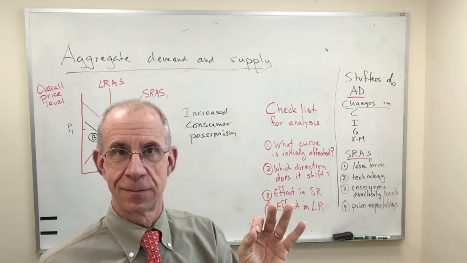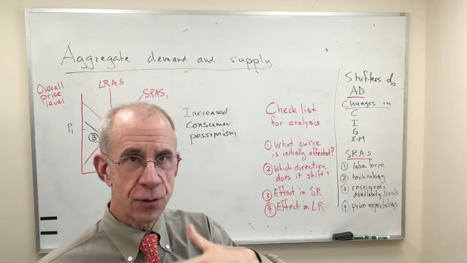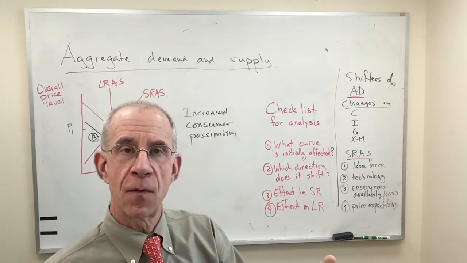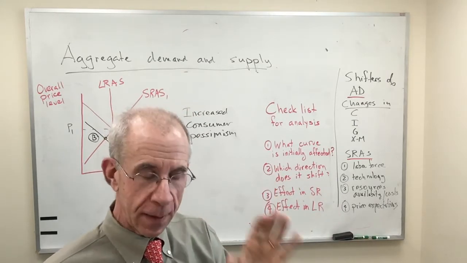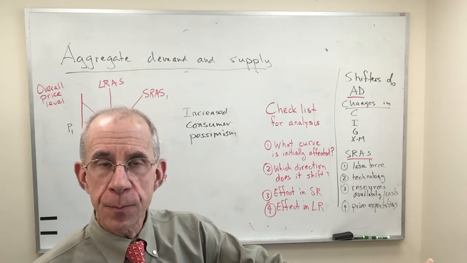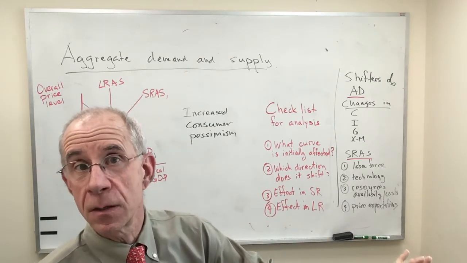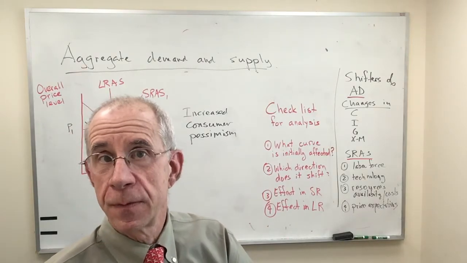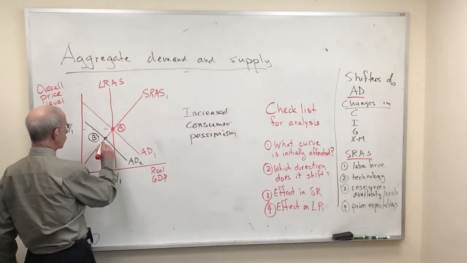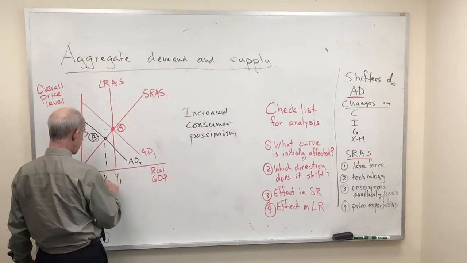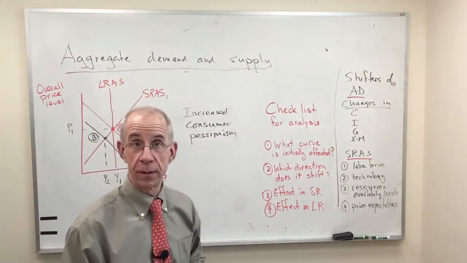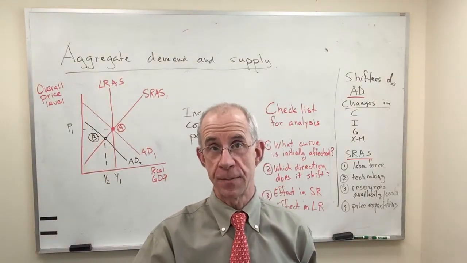They can't do that because of their contracts or whatever. They can't lay off workers. They can't reduce the wages. What they do is they cut back on output, probably cut back on their workforce, the people that they've employed. You're going to have a decrease in the output associated with that drop in demand.